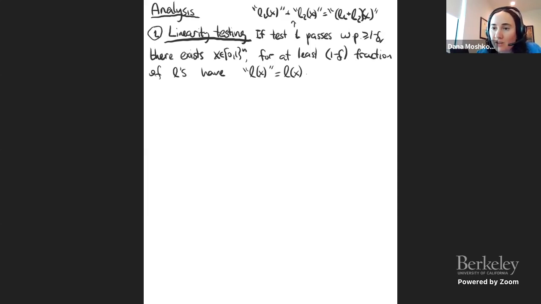I know of two proofs for that. One is one of the easiest proofs you can get with Fourier analysis. If you write everything in Fourier, you can think of this test as checking the correlation of the function with a convolution of the function with itself.